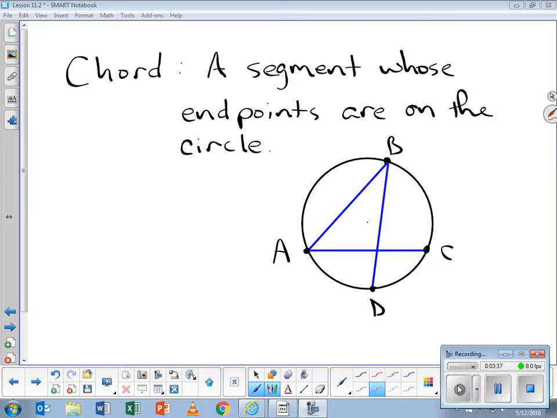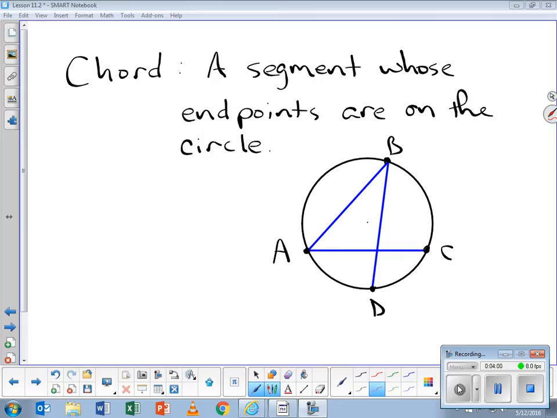Okay? Since we don't have E on there, we'll choose two of the points that are on there. Segment AD, segment BC. Okay, we could draw a few more, just using the points and the information that's there. So, what's the definition of a chord? Any segment whose endpoints are on the circle.